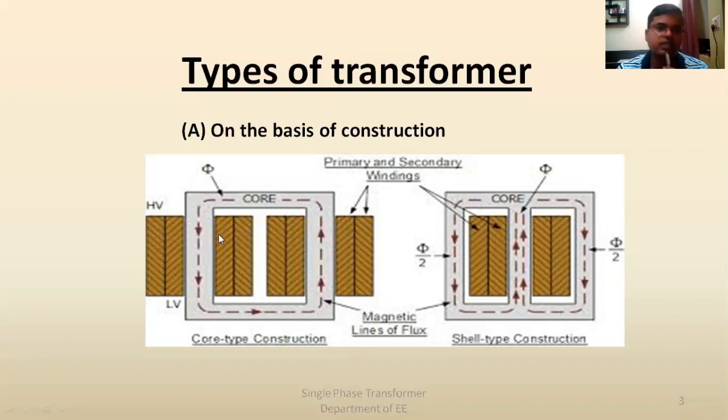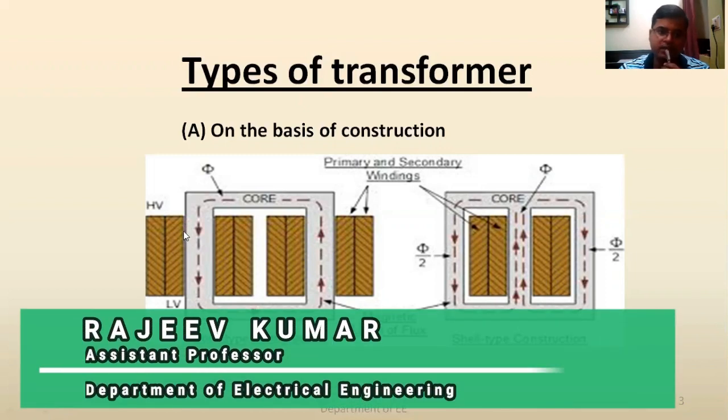There is a reason behind this. The reason is that for high voltage winding we actually require a high insulation level, and for low voltage winding comparatively low insulation level is required. Since we are placing the low voltage winding near to the core, less amount of insulation will be required.